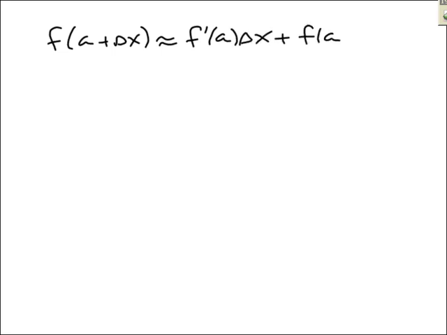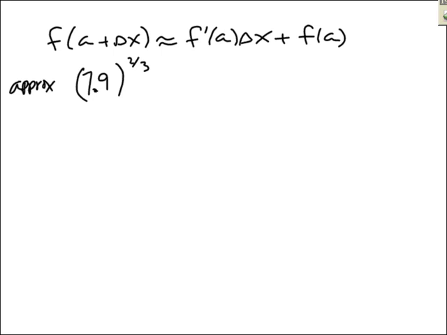The formula is f of a plus delta x is approximately f prime of a delta x plus f of a. You're being asked to approximate something to the 2/3 power. How about 7.9?